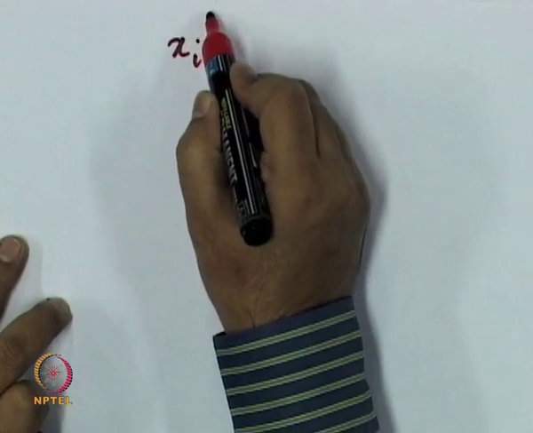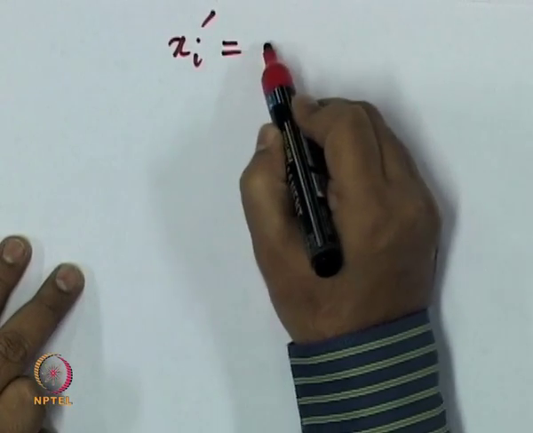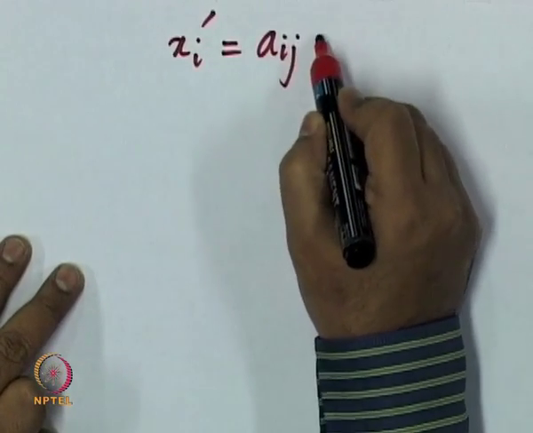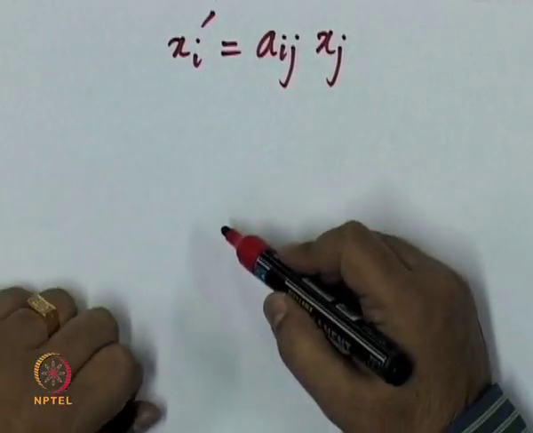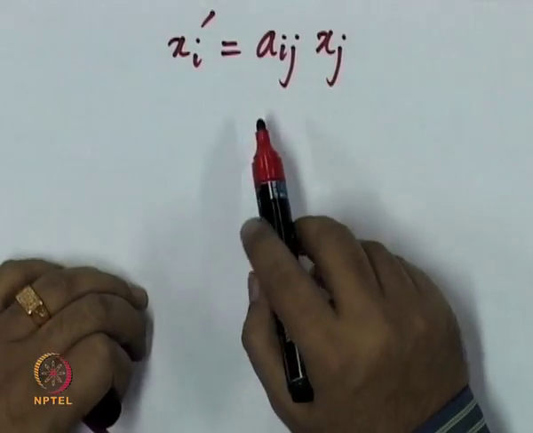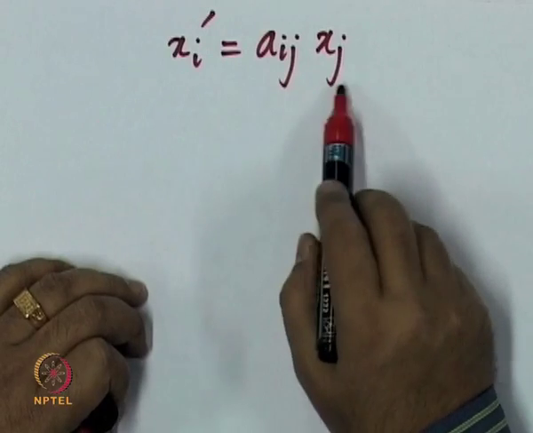So, we say that xi prime is equal to Aij xj. Remember, we are using Einstein summation convention, which means that this will be summed over.